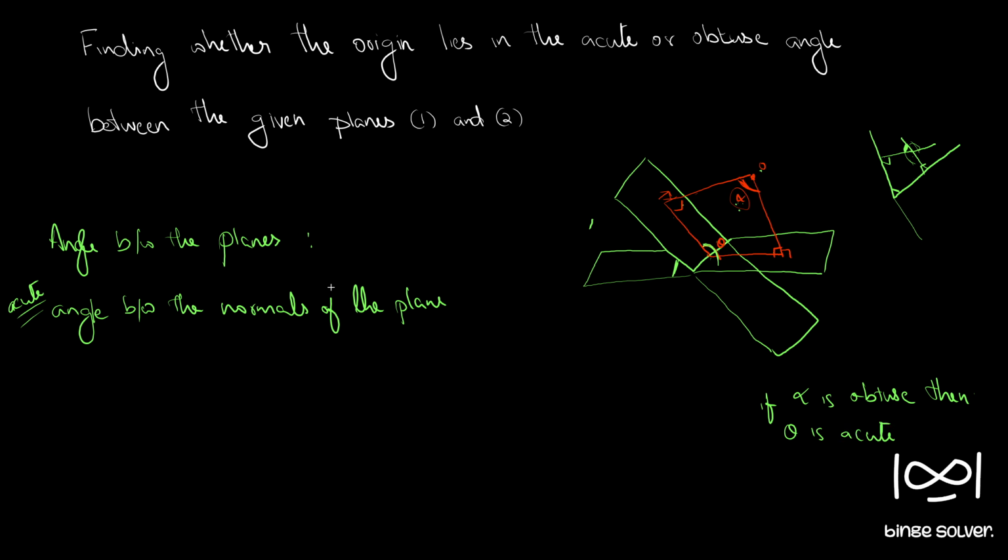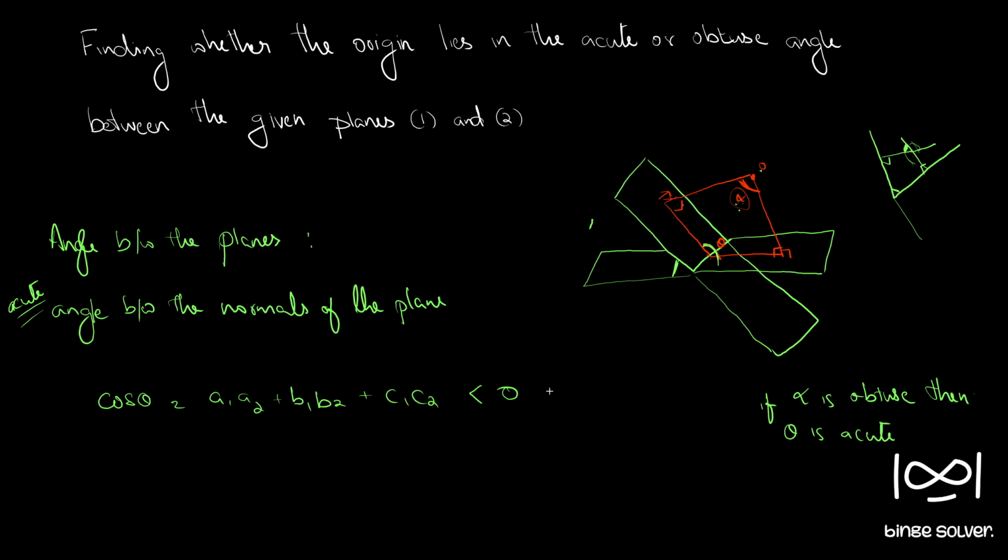When we find the angle between the normals, we get cos theta equal to a1 a2 plus b1 b2 plus c1 c2. If this cos theta is less than 0, what does that mean? The normals are forming an obtuse angle.